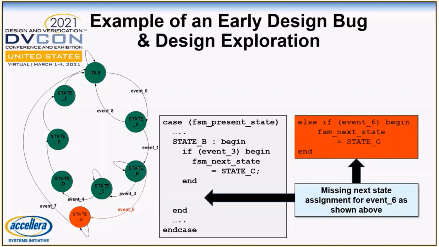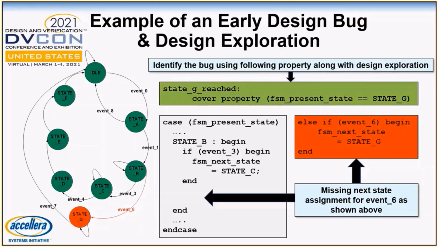In other words, it is missing the next state assignment for event 6. This has caused state G to be unreachable in the design. Now, depending on the complexity of conditions required to trigger event 6, this bug can stay undetected for a very long time. However, using design exploration, a simple cover property describing that state G should be reached can uncover this bug in a few minutes.